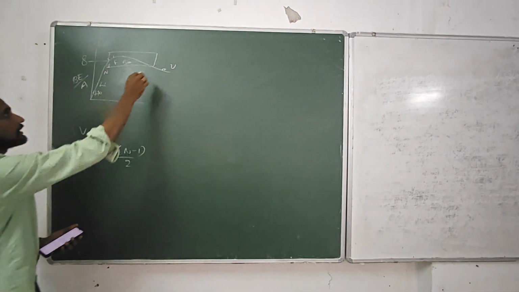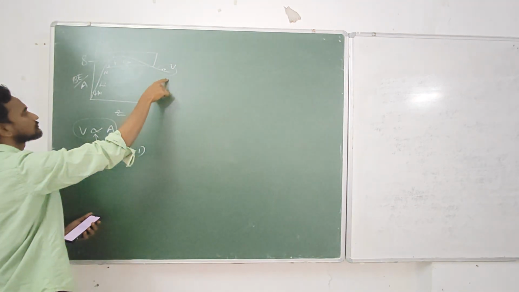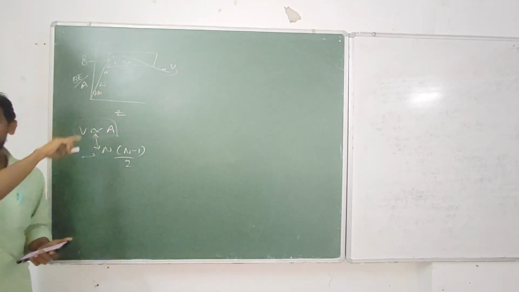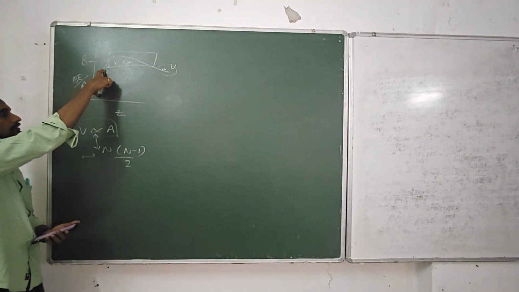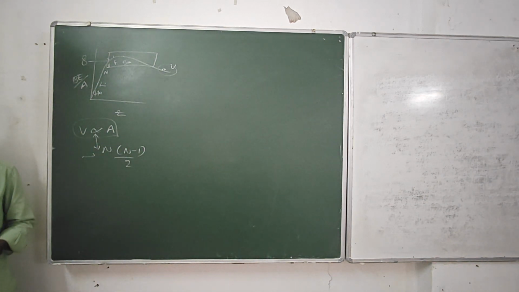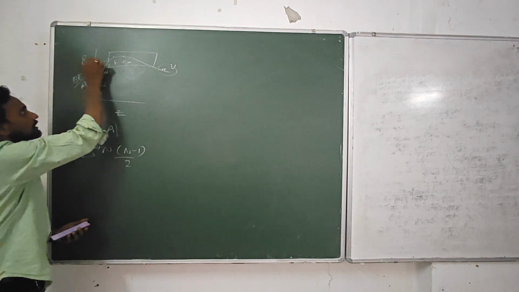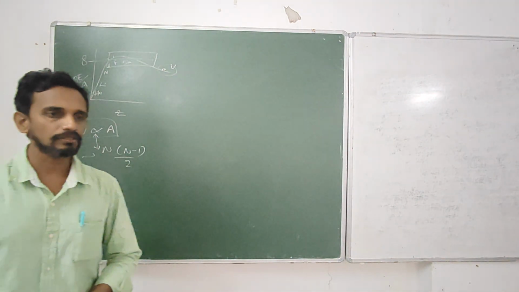So that is why fission energy is very small compared to fusion energy. This gap is very large compared to this. Okay, so at this level around 8, binding energy per nucleon is constant.